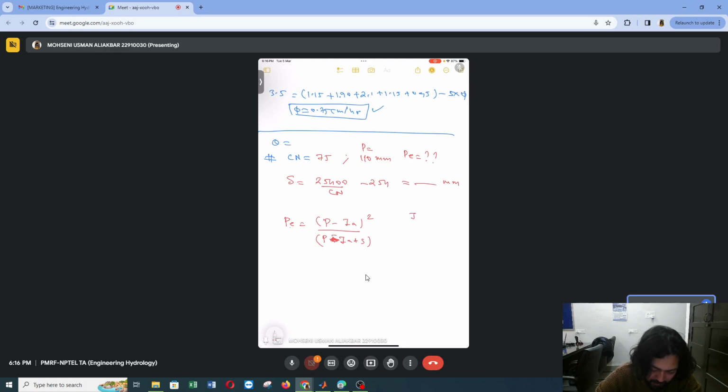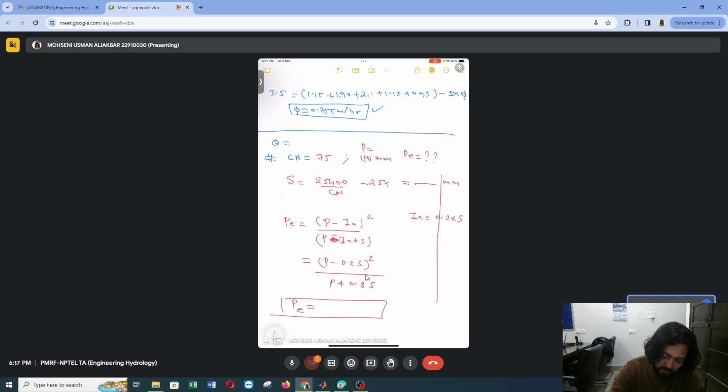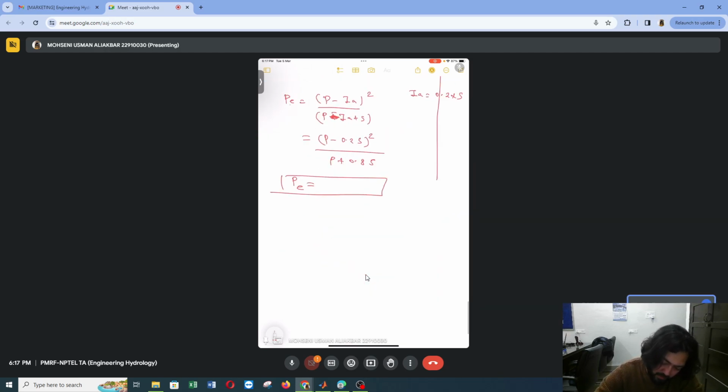Here we need to substitute Ia equals 0.2 times S. If we do that, we get the finalized equation. Once you know the value of S, all we need to do is substitute the value of S here and we can get the value of PE. So this kind of numerical they can ask in the assignment.